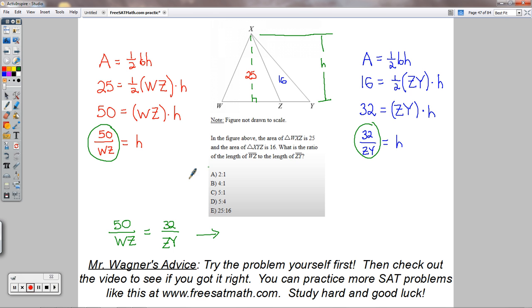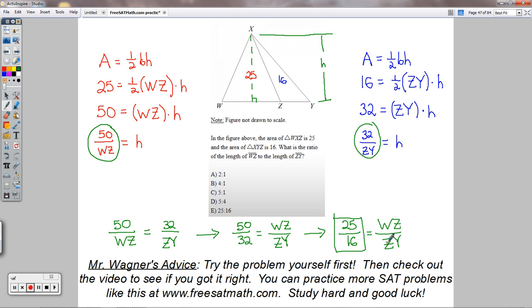So the ratio of those two, if I had WZ on the top and ZY on the bottom, would give that to me. So I've got 50 over 32 equals WZ over ZY. I just flip-flop places with these two right there. From there, I can reduce this fraction, dividing both parts by 2: 25 over 16 equals WZ over ZY. There's my ratio of WZ to ZY.